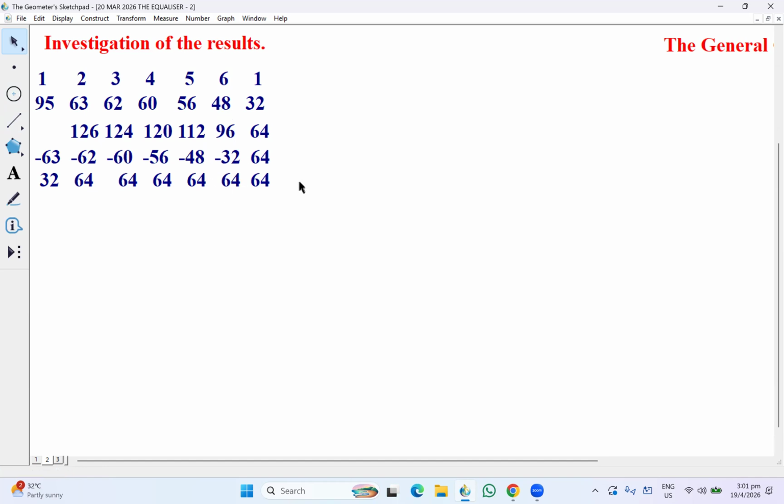All 64. Okay. So once you know this number 32, just now, we know, yes, 32, 95 must give 63, so that we can know the initial amount.